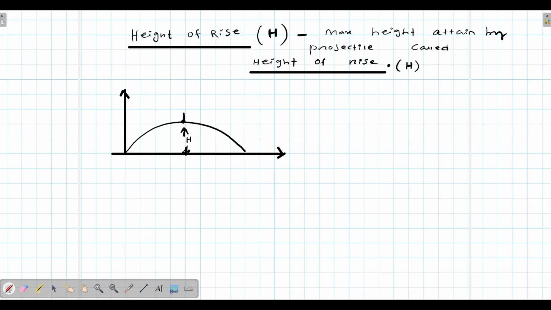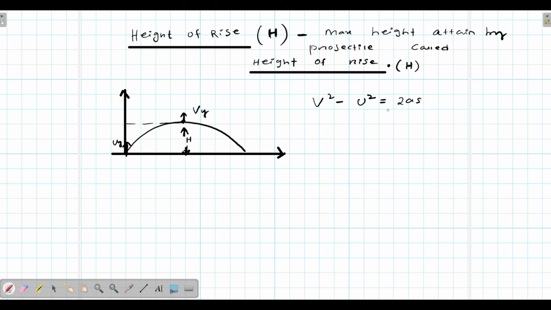So this is Vy, this is Uy. We know that V square minus U square equals 2AS.